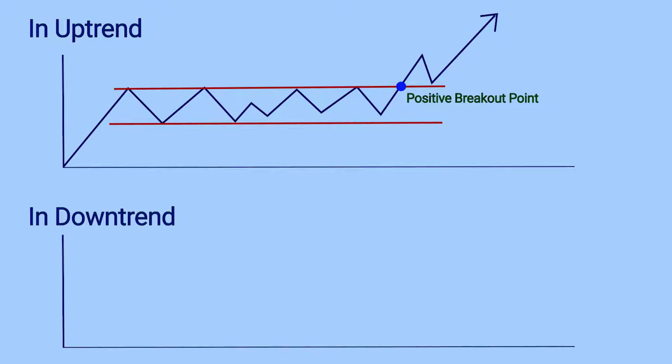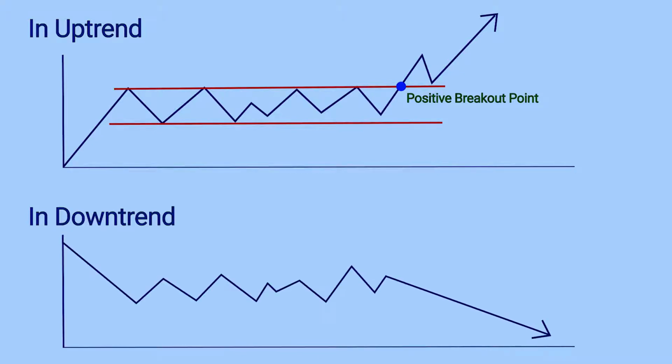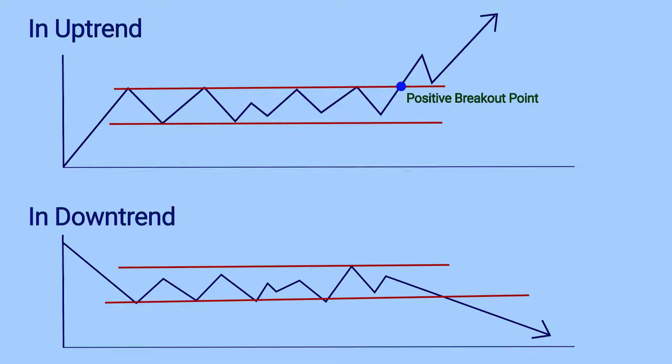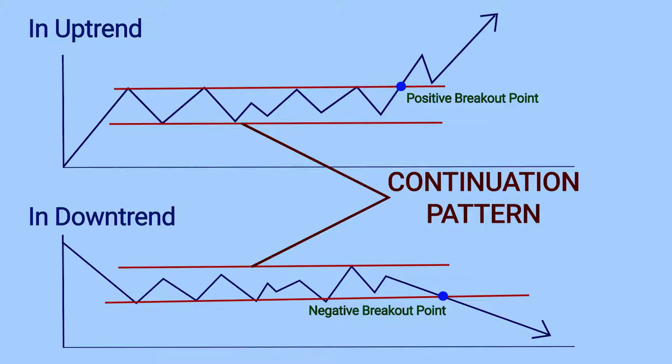Similarly, in a downtrend, after a certain bit of down move, if there is a consolidation and eventually the selling pressure becomes bigger than the buying pressure, the erstwhile down move resumes. These consolidations during the up move and the down move are called continuation patterns.